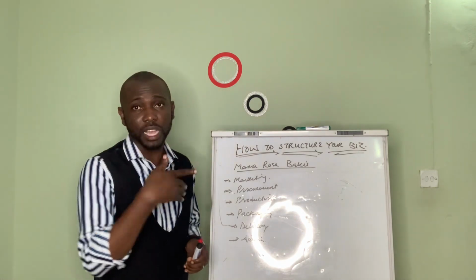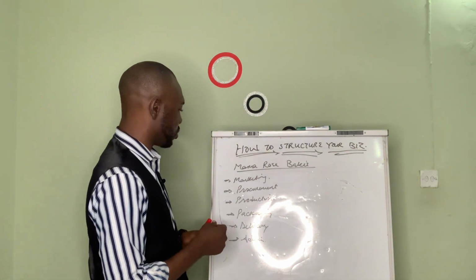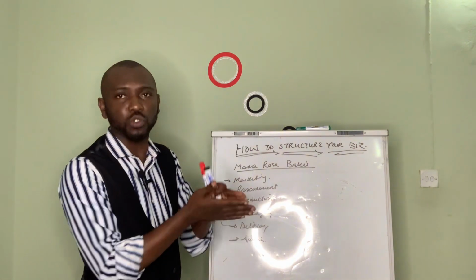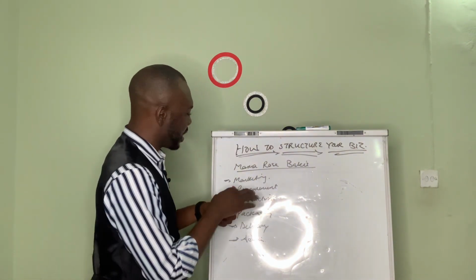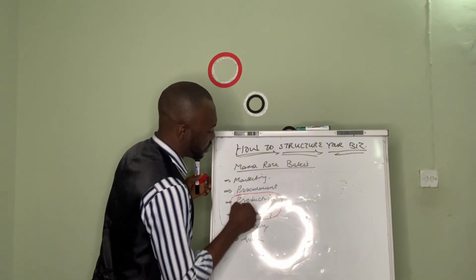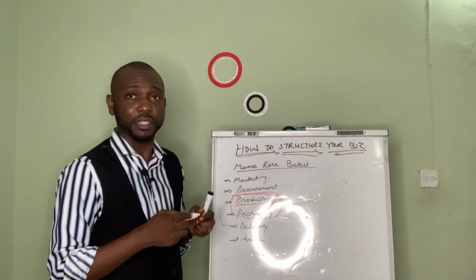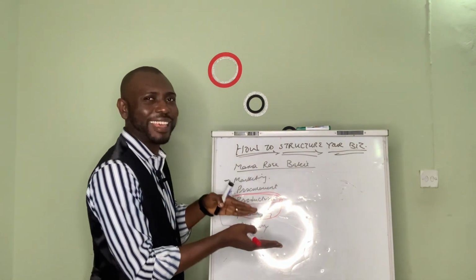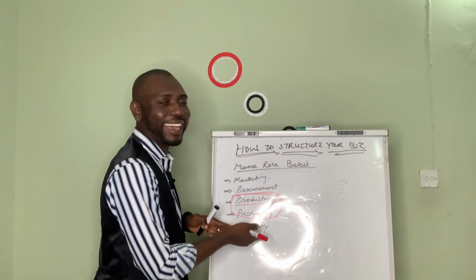So I would advise such a person to put production and packaging together. So production and packaging can be called just only production. So production can swallow packaging. Yeah, so we can have marketing, procurement, production, delivery, and admin.